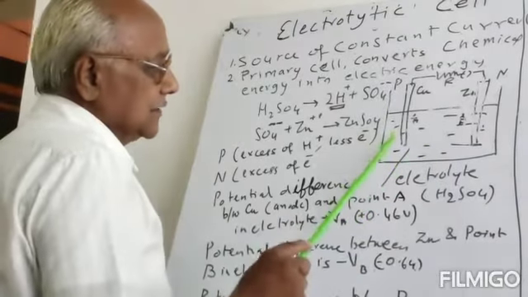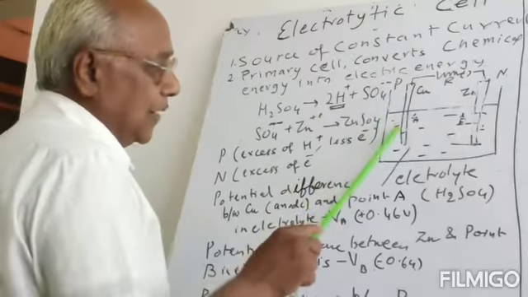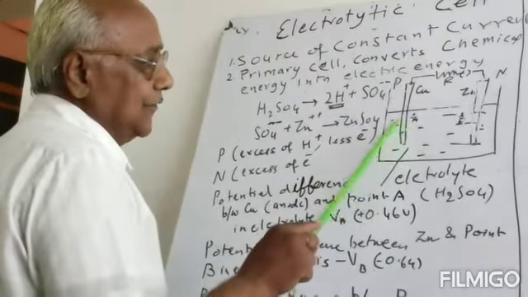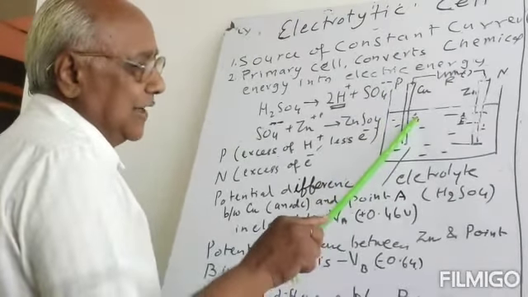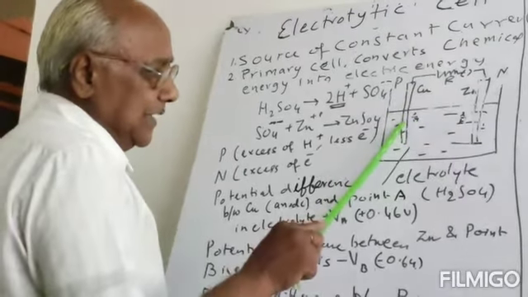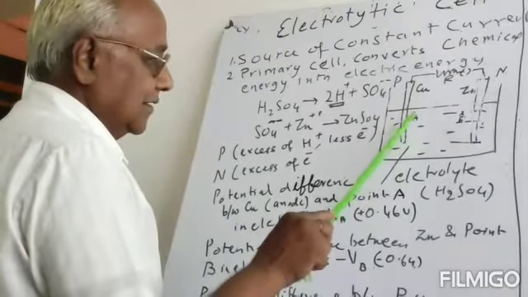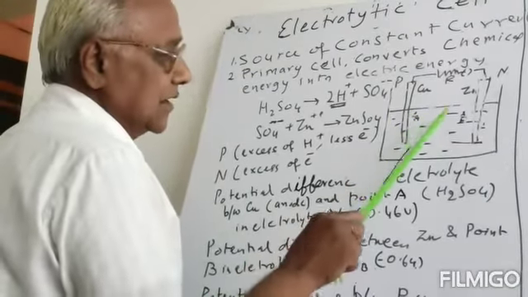So now we will consider the potential between the copper plate and the electrolyte. If we consider a point A very close to the copper plate, then the potential difference between the copper plate and A is V plus.